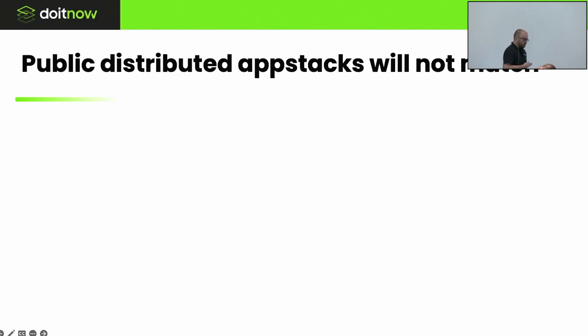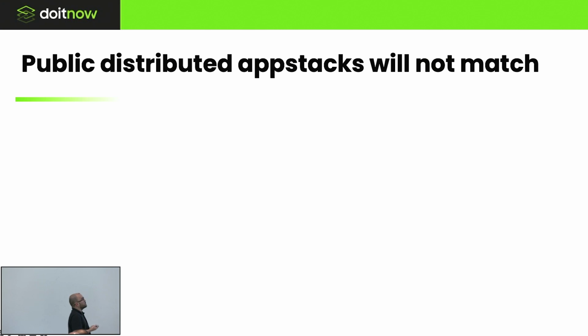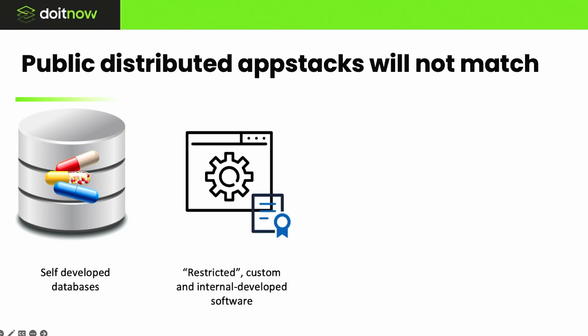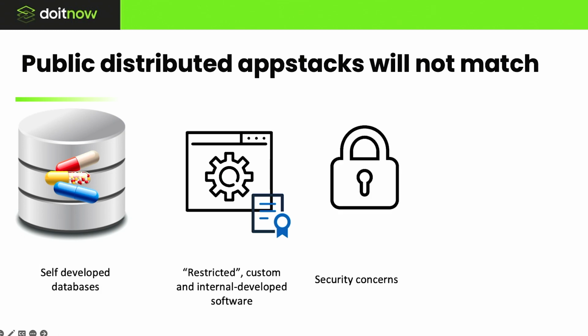They need a proper custom solution because a public distributed Appstack will not match. For instance, the EESSI solution is really nice. It's perfect for a public solution. But in pharmaceutical companies, it will not work. Why? Because they sometimes have self-developed databases that have secrecy or confidentiality laws on top of them. They have restricted or custom internally developed software that cannot be distributed outside of the company itself.